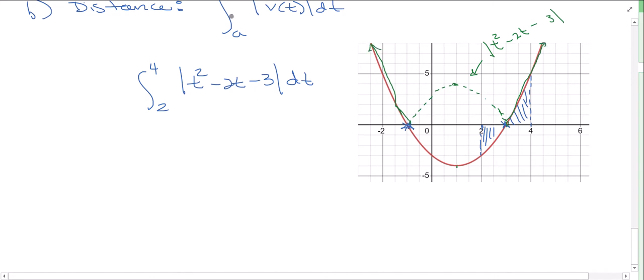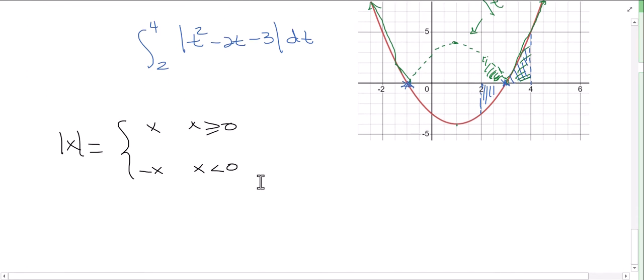Now when I look at the distance traveled, I'm looking at the area here plus this area. So that will be the distance. So how do I get the equation of this part? Going back to the definition, the absolute value of x is a piecewise function. It is x when x is greater than or equal to 0 and negative x when x is less than 0.